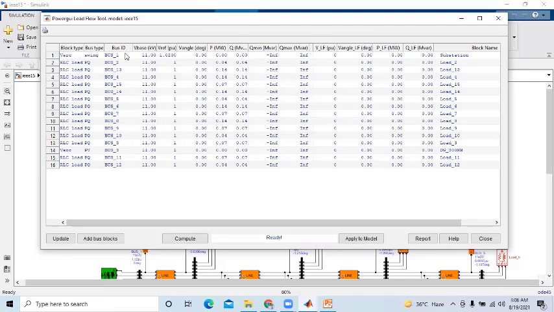So bus ID 1, 2, 3. If we go with this in the sequence, I can do the sorting as well. And now we will compute, and we can see the load flow has converged.